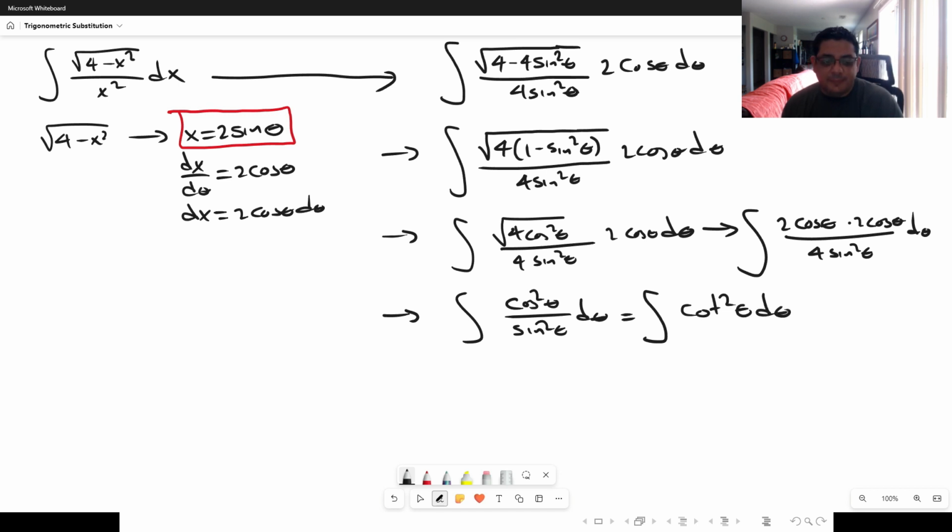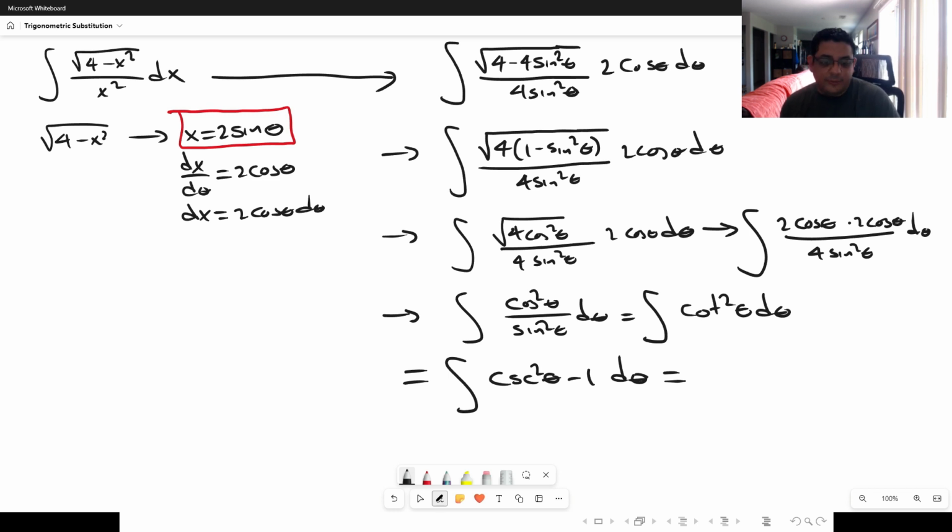Cotangent squared of theta, which doesn't have immediately an antiderivative, but I can transform this again to cosecant squared minus 1, d theta. And that one does have an antiderivative.